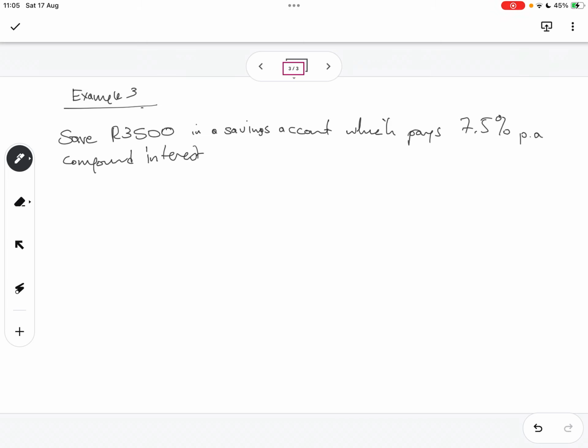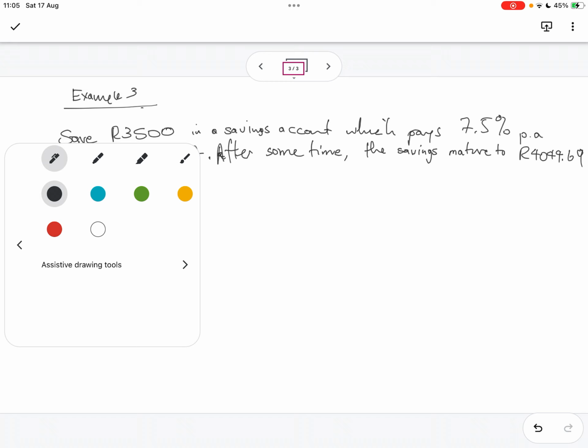So compound interest. After some time, the savings mature to 4,044 rand 69 cents. So now we must find how long this money was invested for.